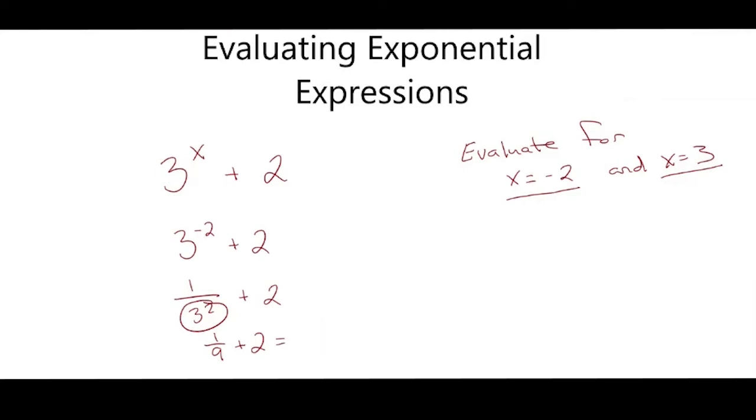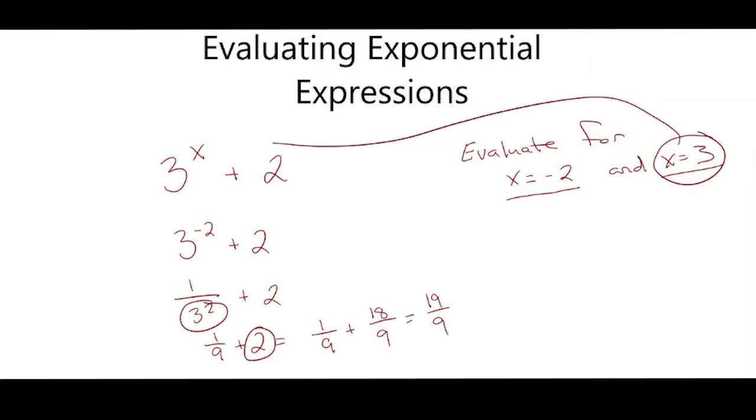Another way to think of this is we could turn this 2 into 18/9. So that's 1 over 9 plus 18/9. So this could also be considered 19/9. Now I need to plug in x is equal to 3 into my expression here. So we'll do 3 to the third power plus 2. Well, 3 to the third power is 3 times 3 times 3 plus 2.